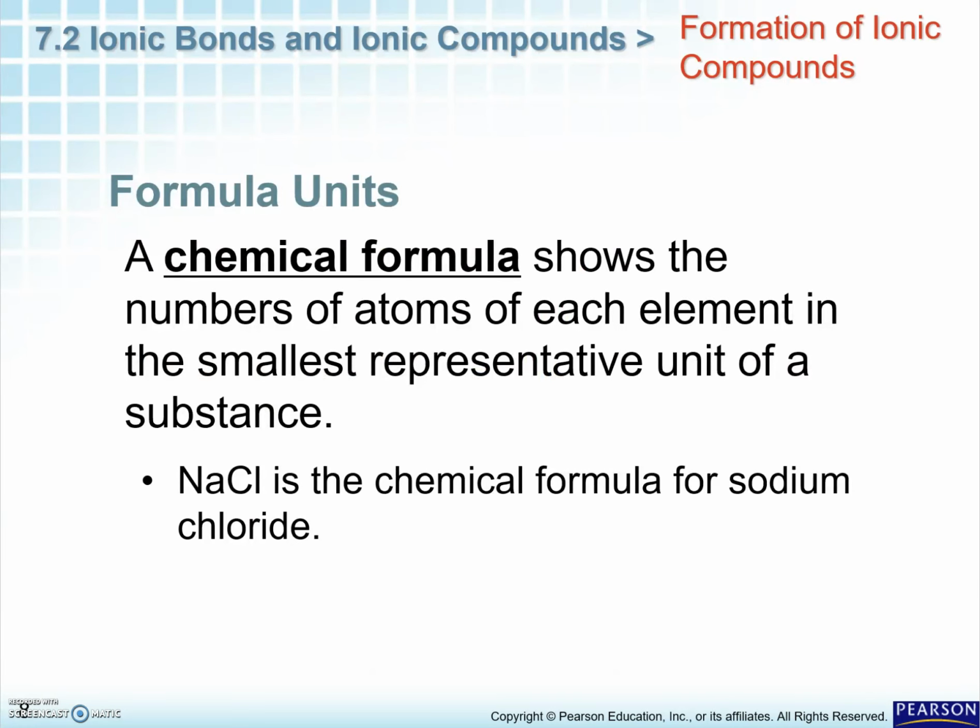So now that we understand how there is a donating of electrons and an acceptance of electrons, you can create something called a chemical formula. And that shows the number of atoms of each element in the smallest representative unit. Meaning, once you do your cross drop down, you have to reduce your subscripts.